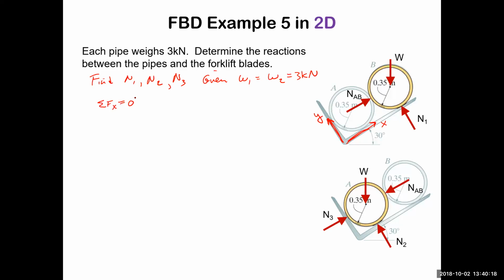So the sum of the Fx equals 0 is going to be NAB minus W, but it's the x component of W, so we'll have to break W into a y component and an x component.